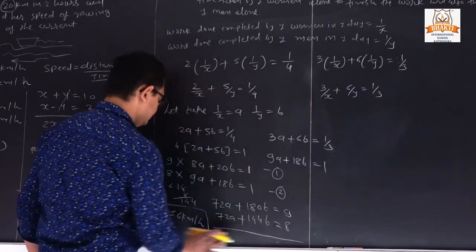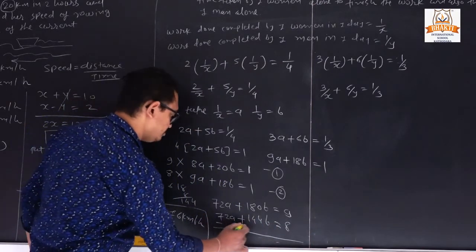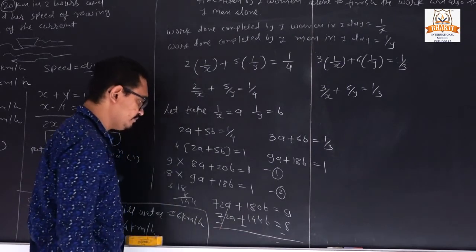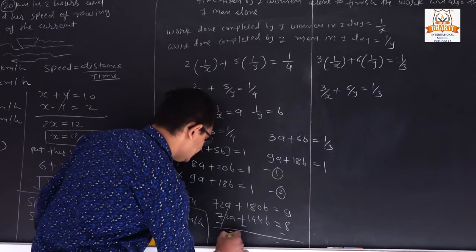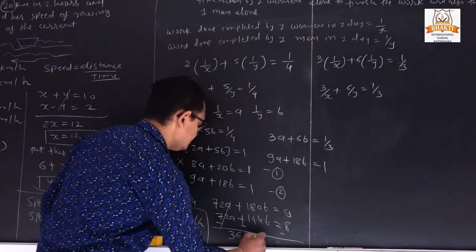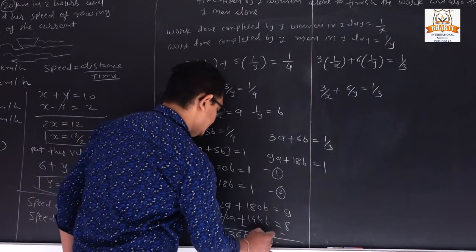Now simplify this. Here I am putting a minus sign, so these cancel. 180 minus 144 is 36, and 9 minus 8 is 1.